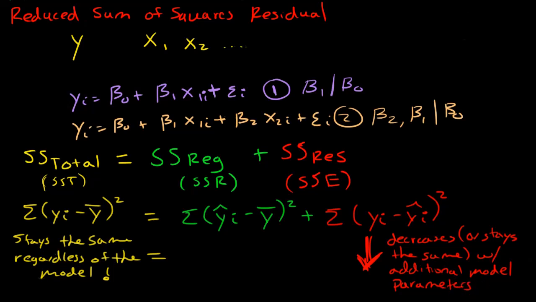Okay. So as you continue to add on model parameters, as long as you're not deleting some of the parameters that were in it before, then this has got to decrease.